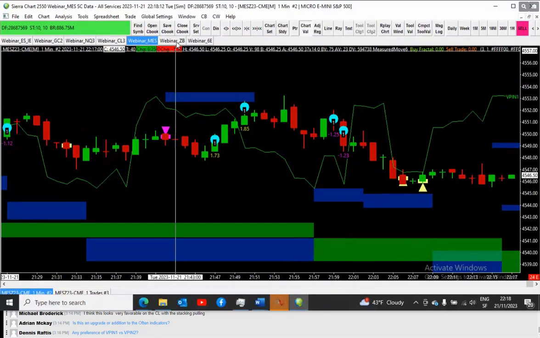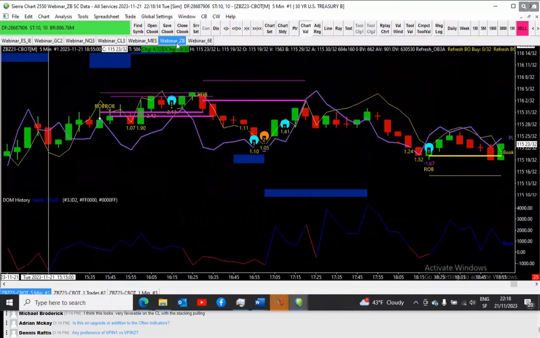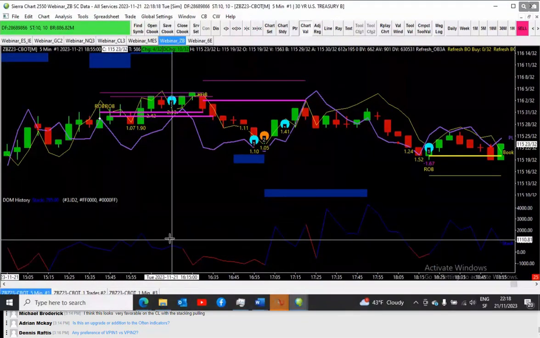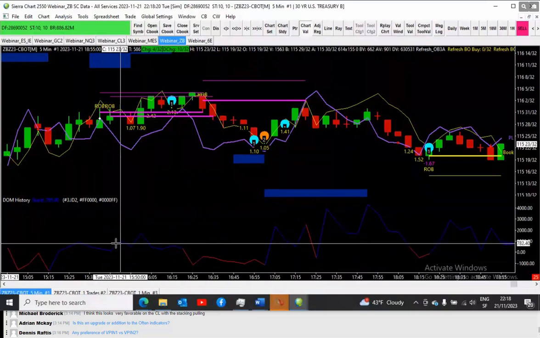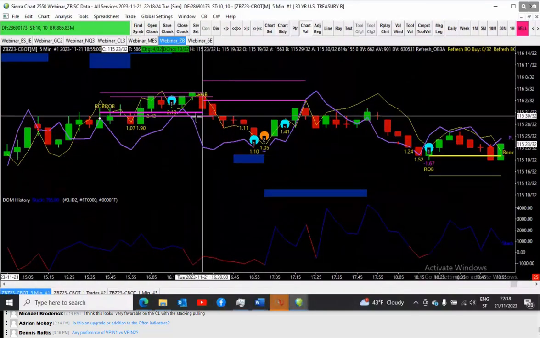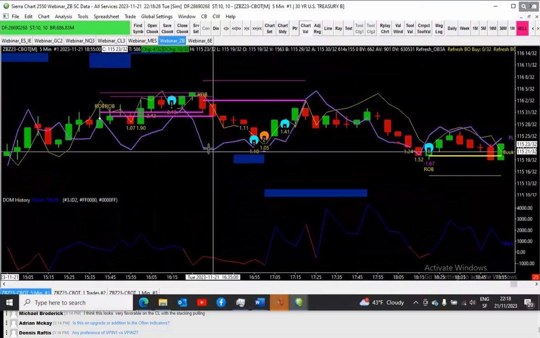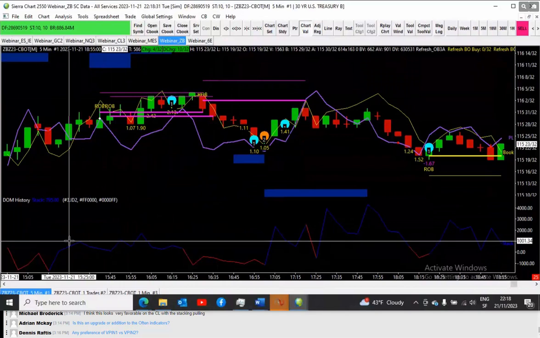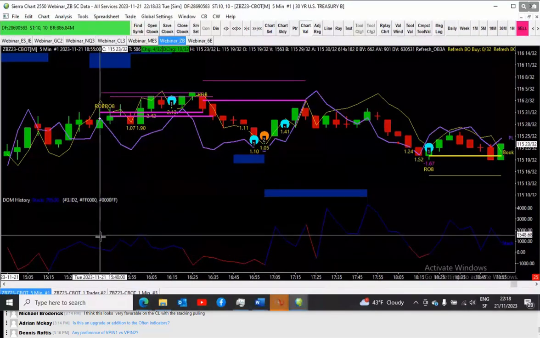I think, what else do I have? ZB. Again, I was using the stacking and pulling line shown separately here, again with the book, and Rob trades as well. You see here the stacking and pulling was bullish.